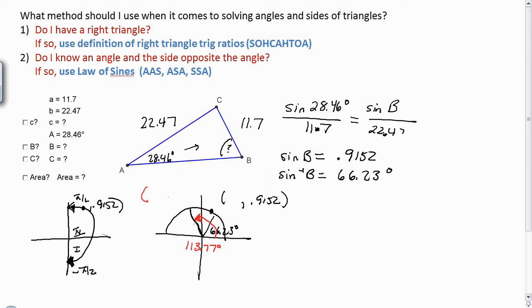That also has a y-coordinate of positive 0.9152, which leads us to a problem.